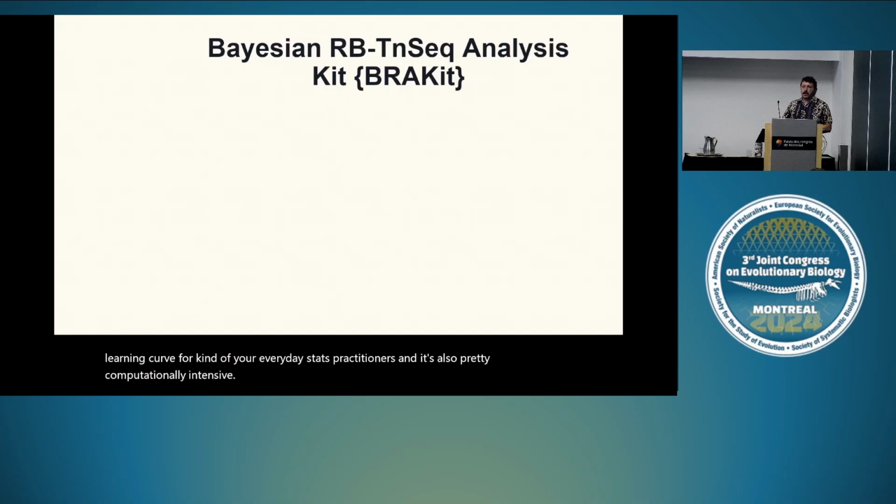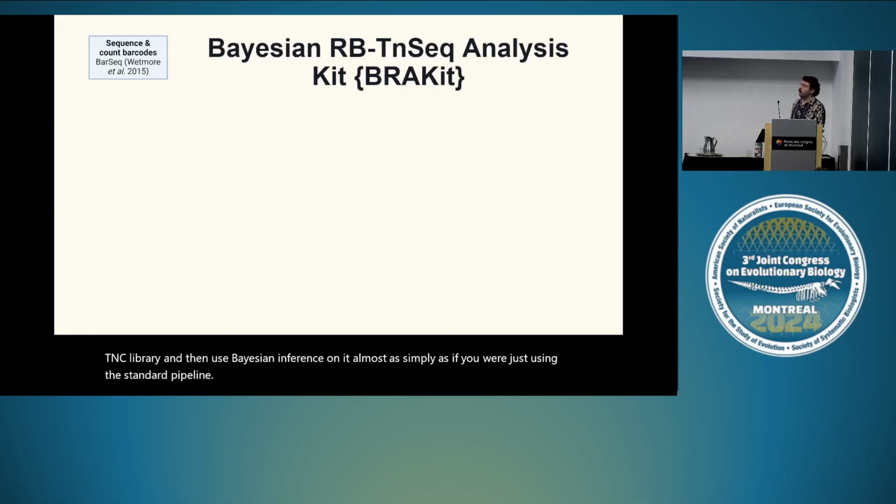So I was looking for a method that would allow me to use Bayesian inference on all of my barcodes over time, but it didn't exist. And so I had to create a pipeline, which I call here Bayesian RBT-seq Analysis Kit, or bracket, which allows you to plug in the data from this specific and very widely used TN-seq library, and then use Bayesian inference on it almost as simply as if you were just using the standard pipeline.